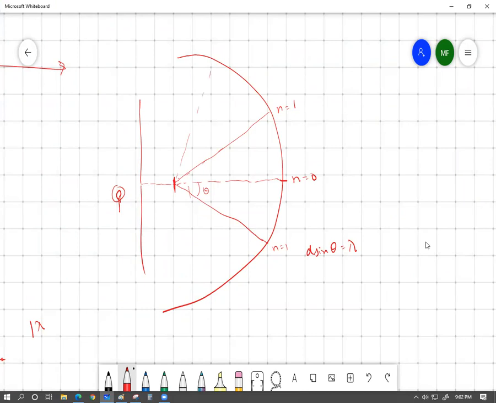Similarly, if there exists such an angle where we can have d sine theta equals 2 lambda, this is going to be our second maxima point.